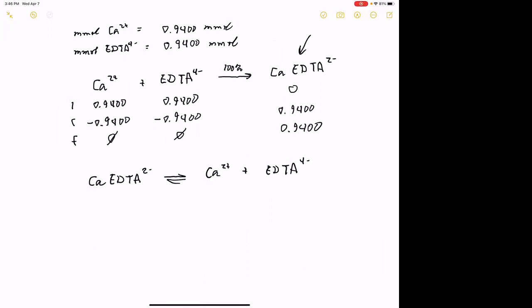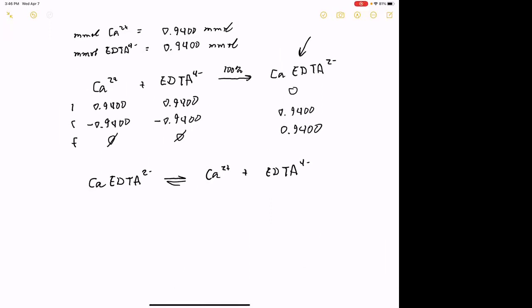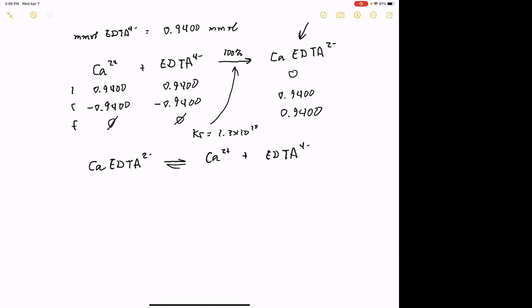All right, so I can say here that my KF is equal to 1.3 times 10 to the 10th. Now, remember, that goes with this reaction up there, because I'm forming the complex.